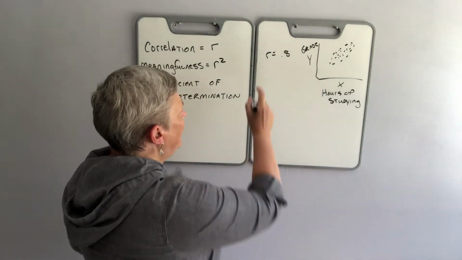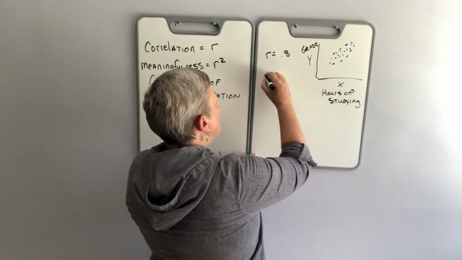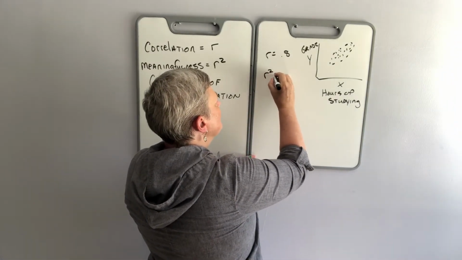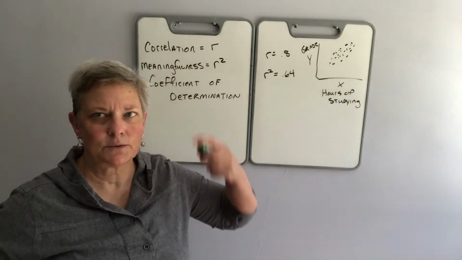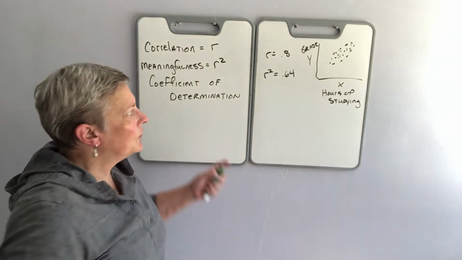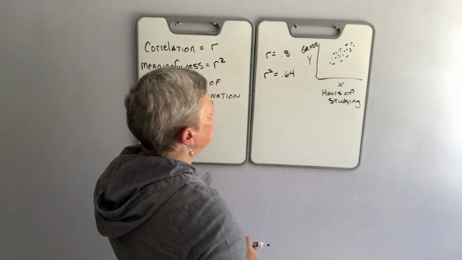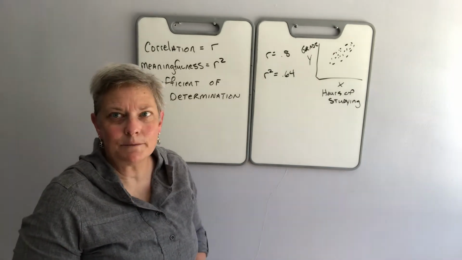So if I have an R of 0.8, if I square it, I get an R squared equal to 0.64. You can put that in your calculator, but 8 times 8 is 64, move the decimal place too. So I have a meaningfulness of 0.64. But what does that mean?